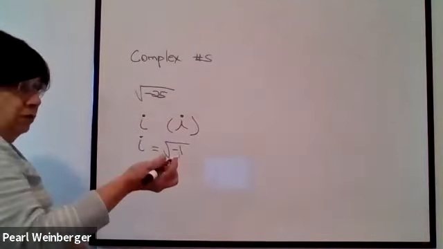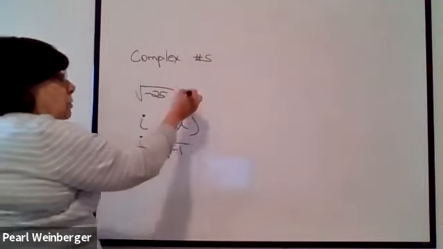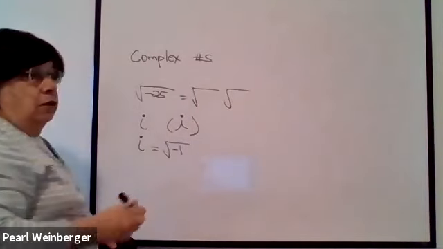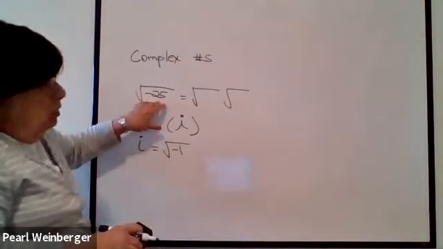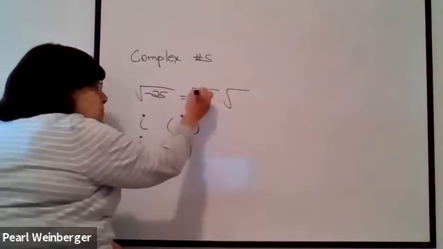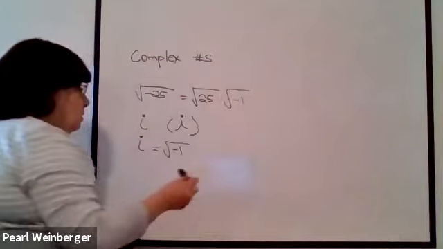Well, how does that take care of the problem of the square root of negative 25? Well, we know how to simplify radicals. Remember, when you want to simplify a radical, you break it up into two numbers that multiply to what's inside the radical. When you have a negative in the radical, you can break this up into 25 times negative 1.